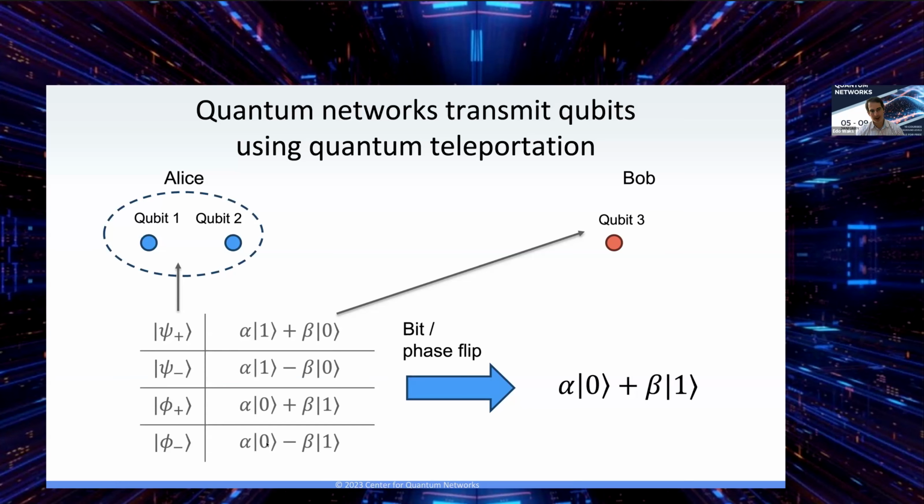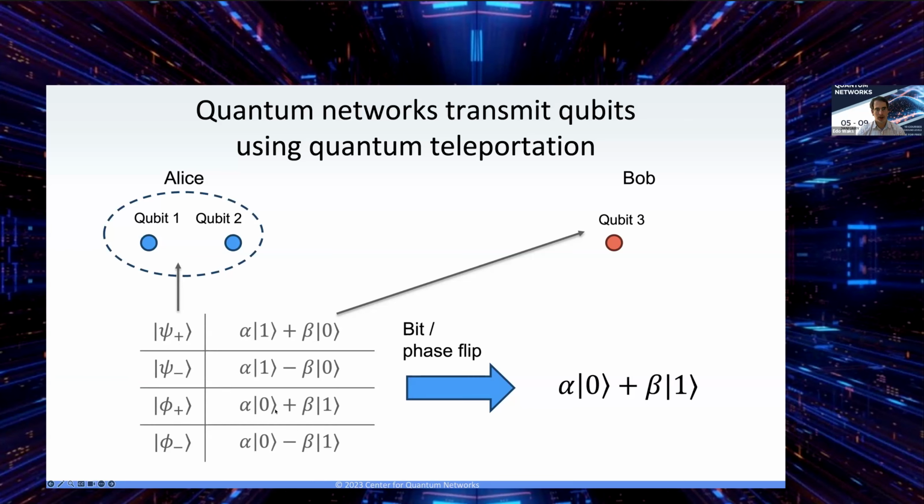And the nice thing about these four possible states is that each one of them can be converted into the desired qubit either through a bit flip, a phase flip, or a combination of both. And we know whether you should do a bit flip, phase flip, both or neither, based on which state you got. For example, if Alice got phi plus, she knows Bob shouldn't do anything because he's already got the right state.